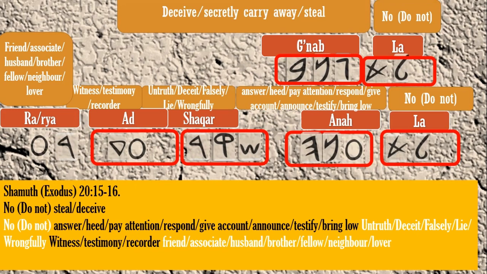Don't help to bring low falsely or wrongfully against someone else. When we understand the original meaning behind these words, the scriptures or the verses take on an even greater or deeper meaning.